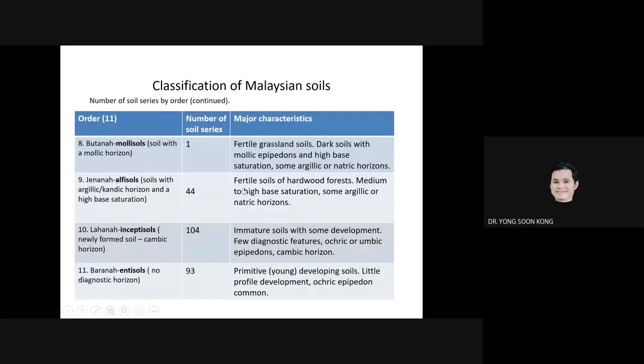I give you the major characteristic, I ask you, what is the order? Either way, it's worth between 1 to 2 marks. I cannot avoid this question because this will be part of the intended learning. So you have to know 11, correction, 11 soil orders. Make sure you know their names as well as their major characteristics.